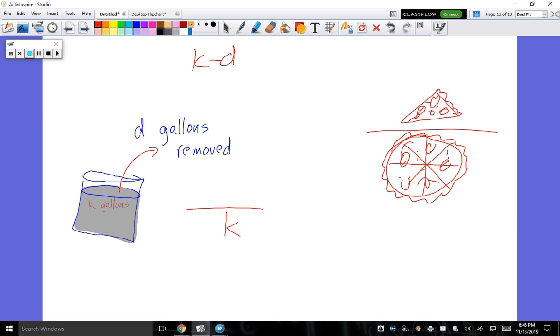No. What does this represent? How much is left in the tank? You with me? So what do we write down to show how much has been pumped? Just D, right? D has been pumped.